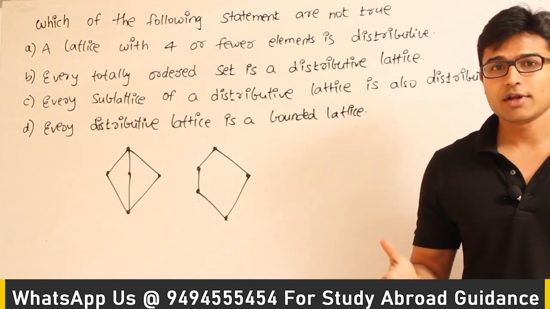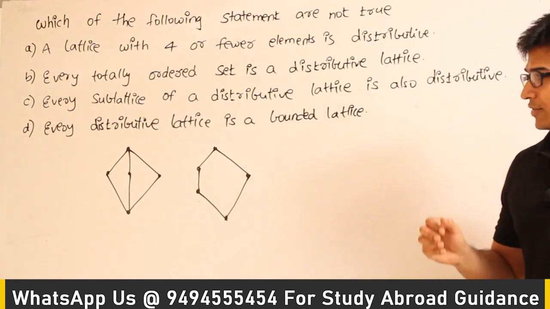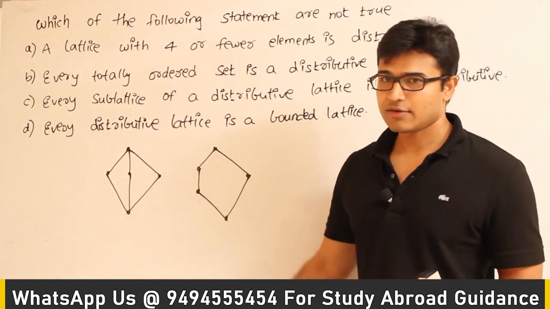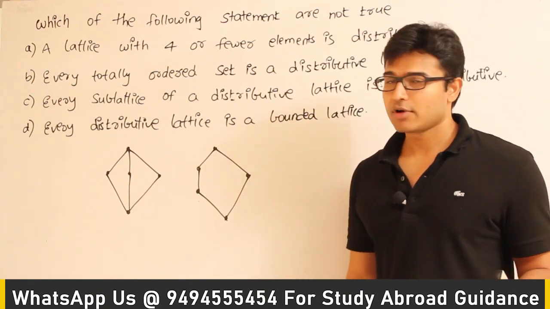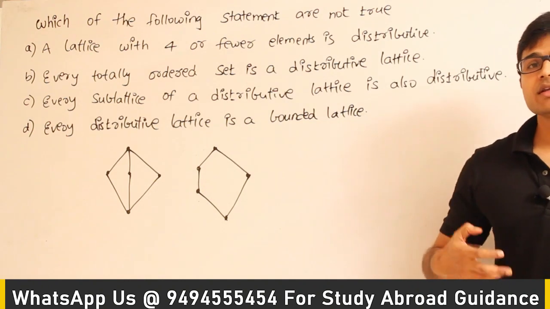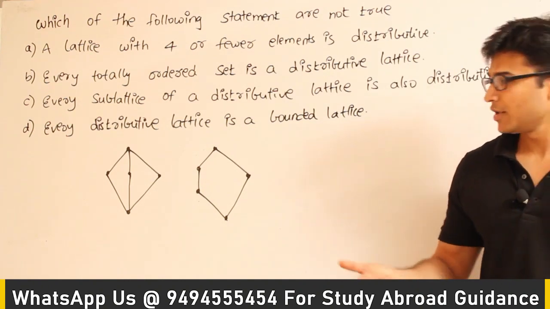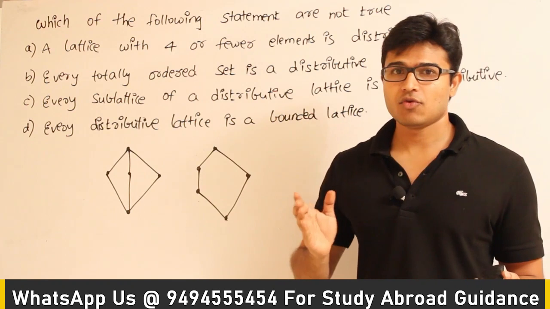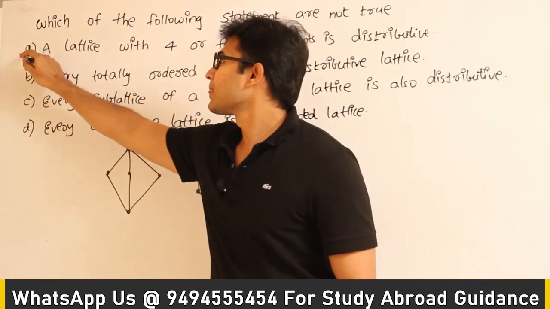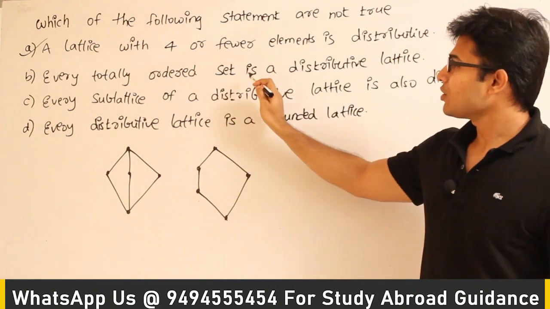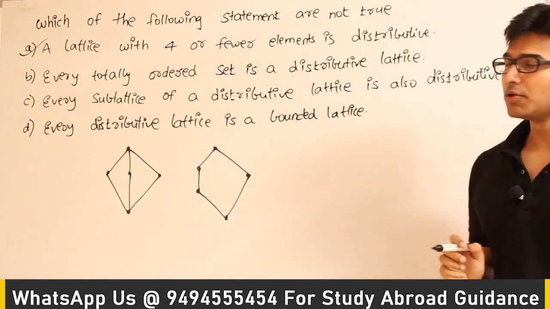Because if you have only 4 elements in a lattice, then definitely it cannot contain these 5 elements, either these 5 elements or these 5 elements, right? Therefore, if a lattice should fail to be distributive, it should at least have 5 elements. If it has 4 or fewer, it is definitely distributive. Therefore, it is true.